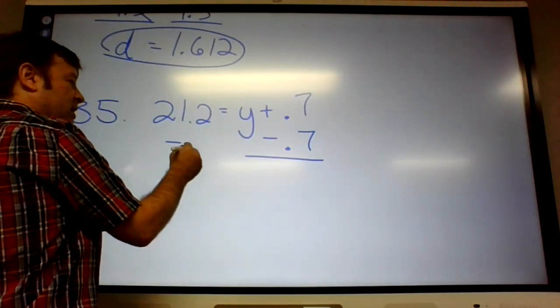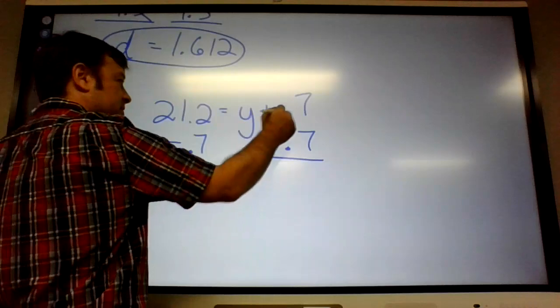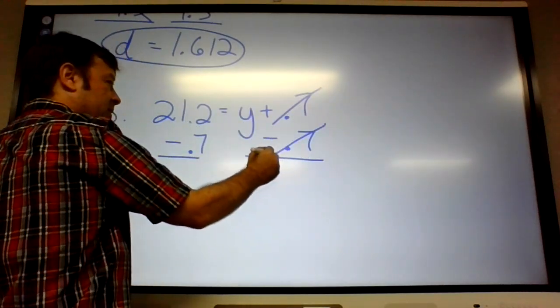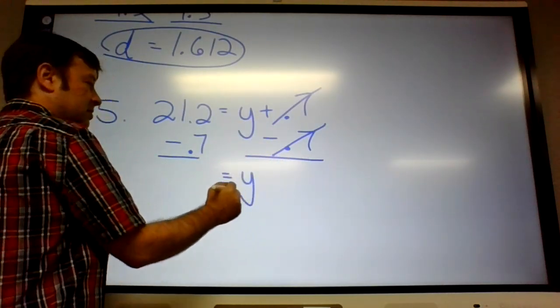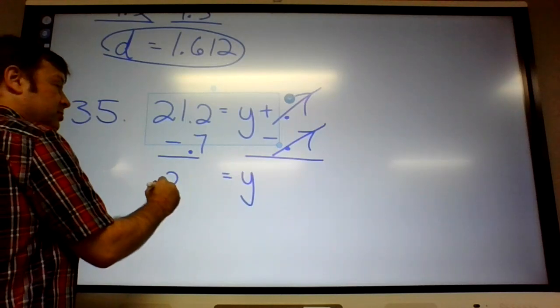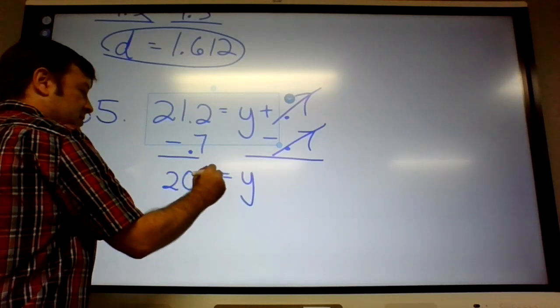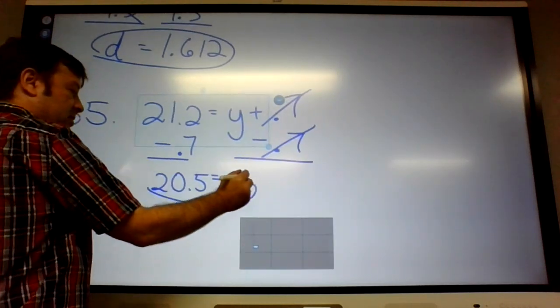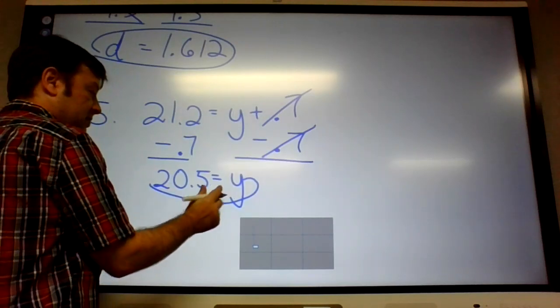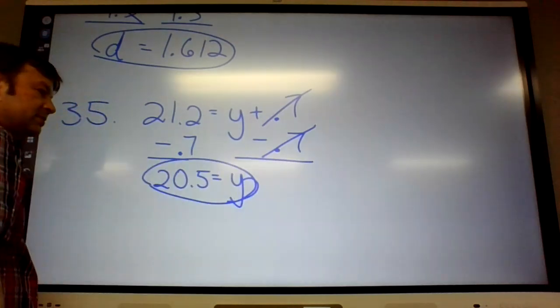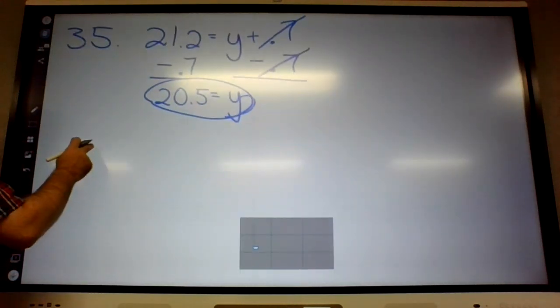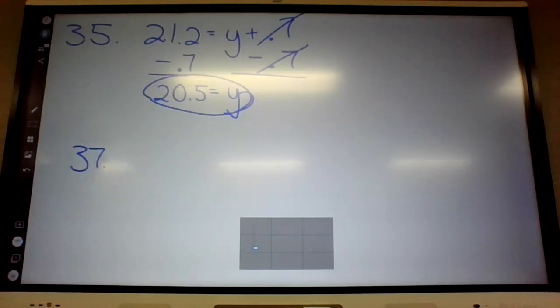The variable, the y wants to be by itself, so plus and minus 0.7 go away. 21.2 minus 0.7.